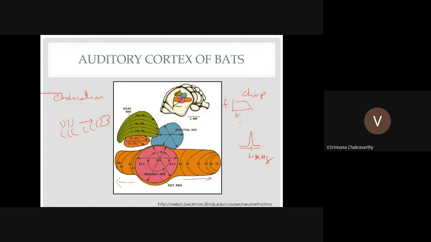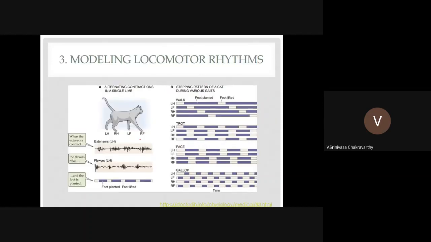It has a high frequency part and then towards the end a low frequency ending. So in the higher auditory areas of the bat, you find very complicated maps of the frequency modulated signals and also constant frequency signals. That's a very rich area that can be modeled, and we are doing some work in that area.